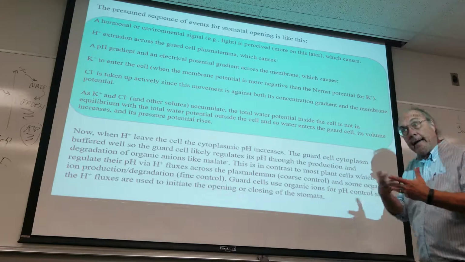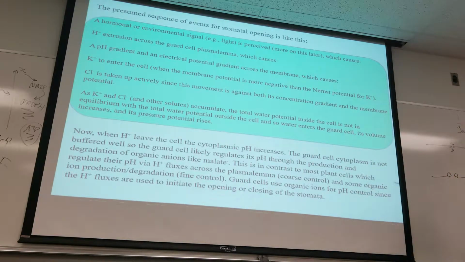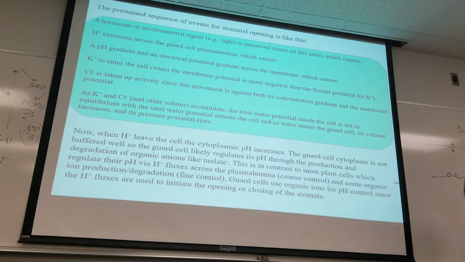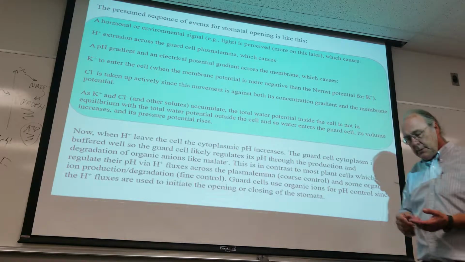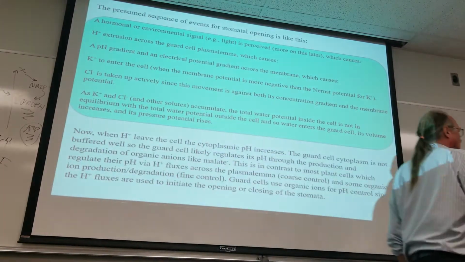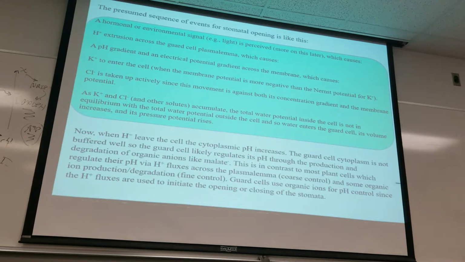And so that's why that concentration varies a lot when the cell is open versus when it's closed. And it's kind of a contrast to a lot of other cells, but that's the way it works. Okay, so those are three solutes whose concentration changes: potassium, chloride, and malate, an organic ion. Remember, malate is a 4-carbon compound.